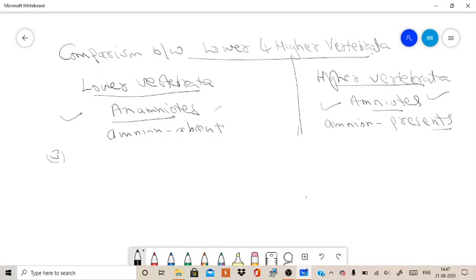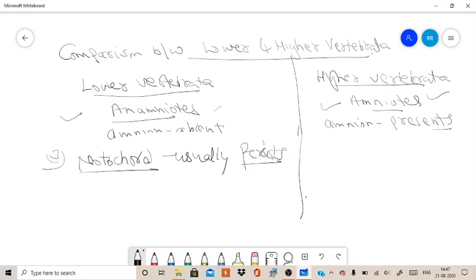Then the third point is that the notochord usually persists in anamniotes, whereas in amniotes the notochord disappears or is replaced by the vertebral column.